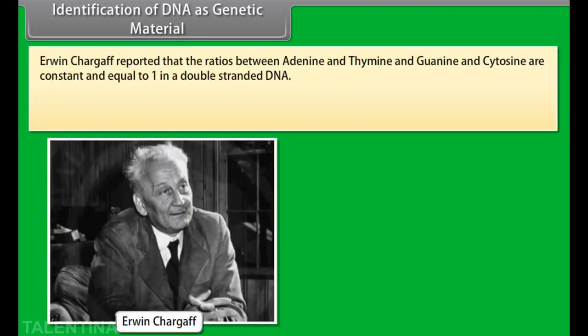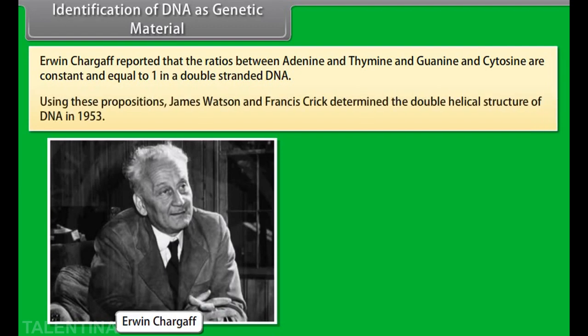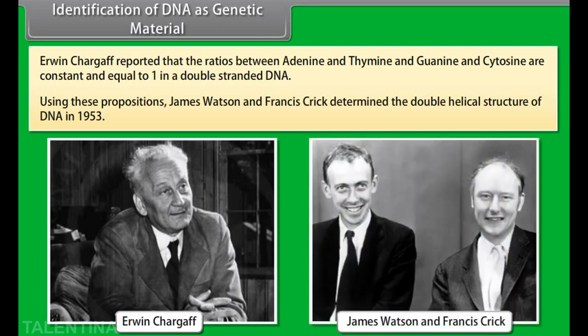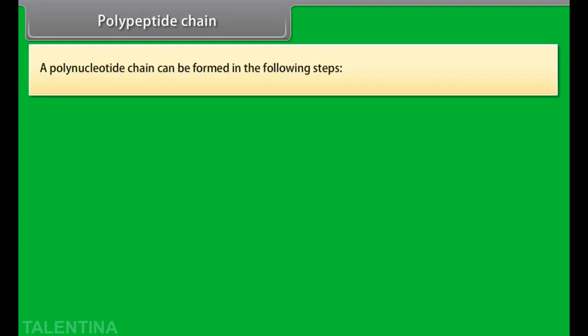Erwin Chargaff reported that the ratio between adenine and thymine and guanine and cytosine are constant and equal to 1 in a double-stranded DNA. Using these propositions, James Watson and Francis Crick determined the double helical structure of DNA in 1953. Polynucleotide chain. A polynucleotide chain can be formed in the following steps.